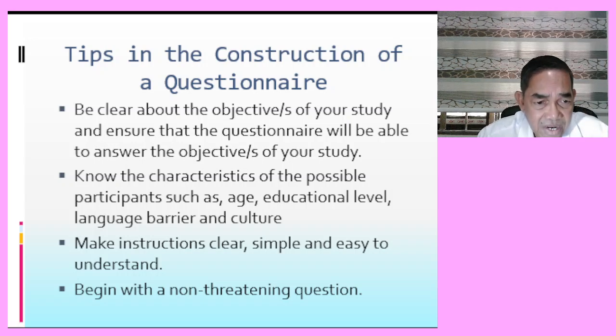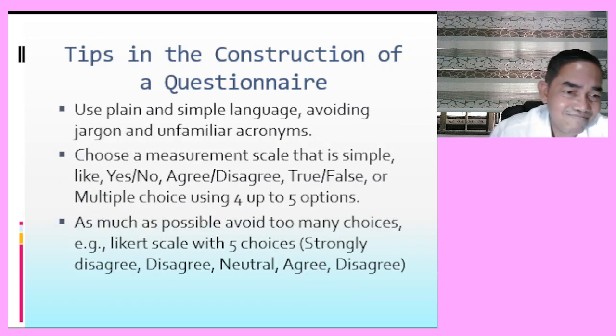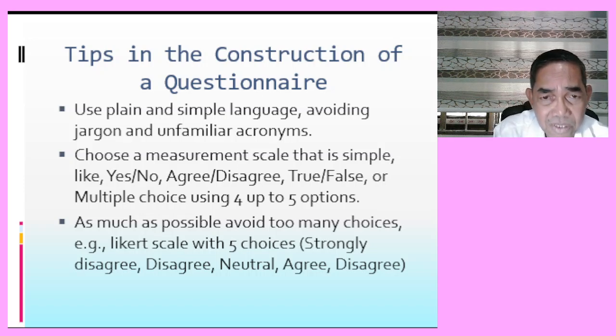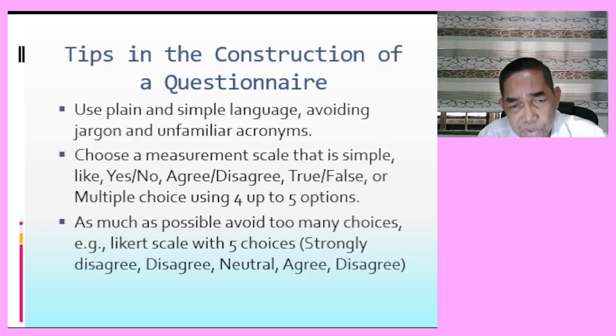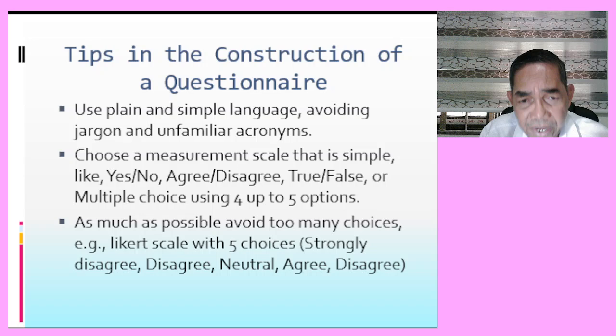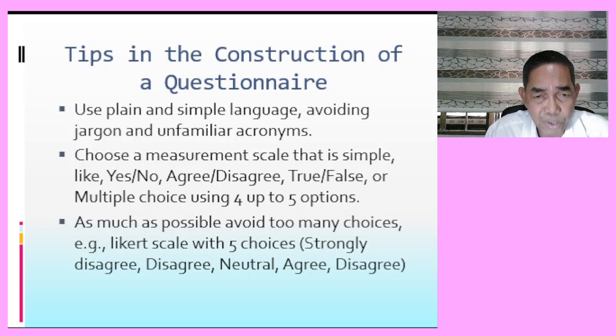Instructions should be clear and begin with a non-threatening question. Use plain and simple language, avoiding jargon and unfamiliar acronyms. Even if you think that this acronym is familiar, you need to spell it out, because not everyone might be able to understand acronyms. And avoid using jargon, especially medical jargon, if your respondents are lay people.